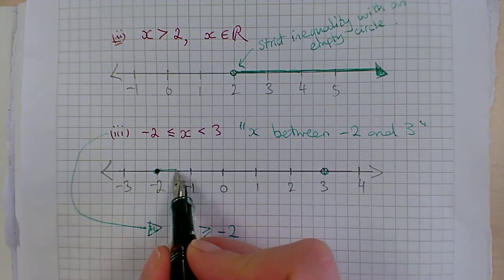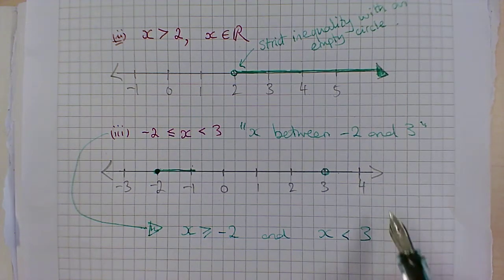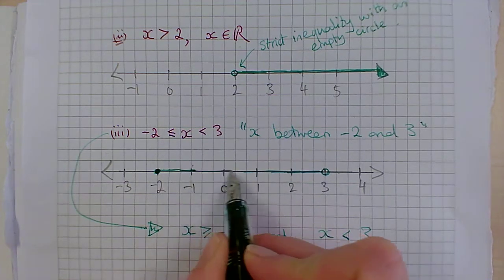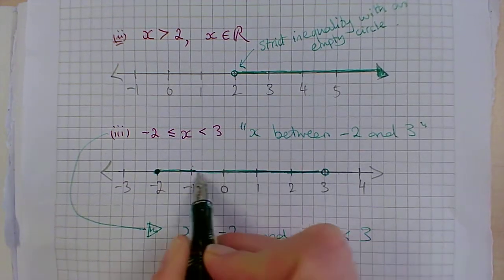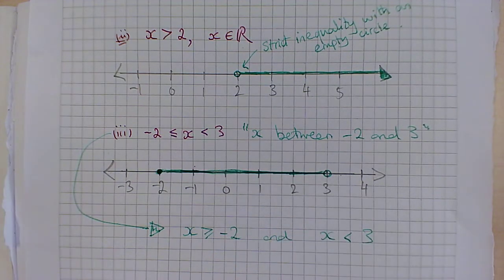So that's telling me to go this way, from -2. And x is smaller than 3, which is telling me to go this way from 3. And that helps me to know that I've got to colour in the space in between them. And that's how we represent a combined inequality like this on the number line.